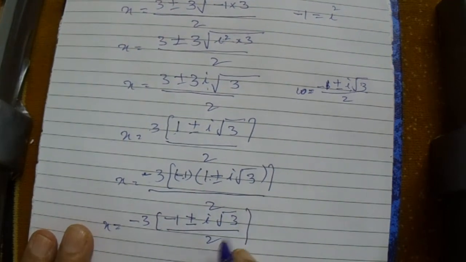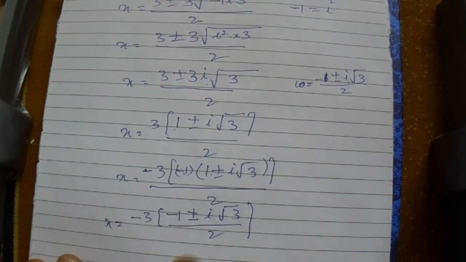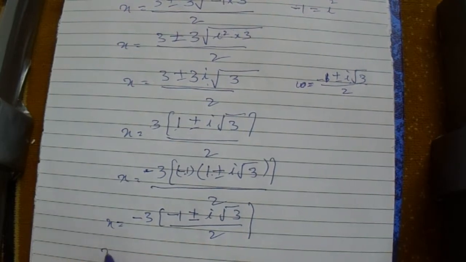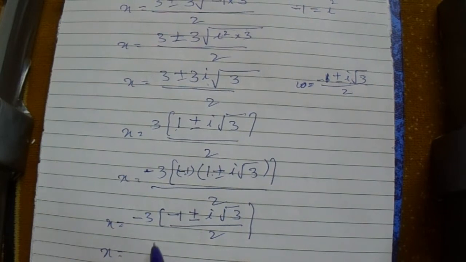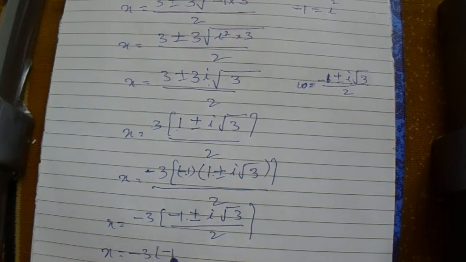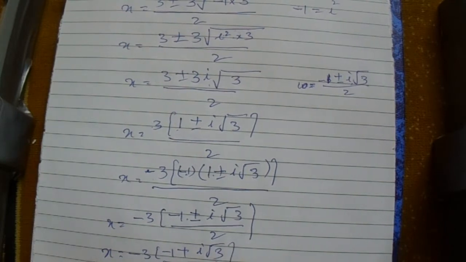Now we know that, we write in 2 forms, x is equal to minus 3, and we write only minus and plus iota root 3 over 2.